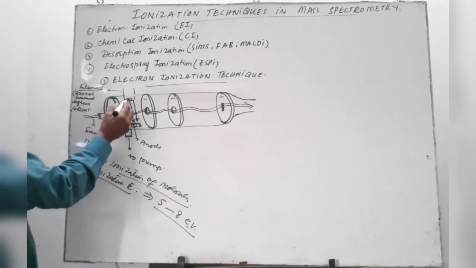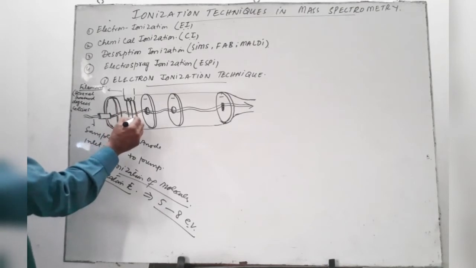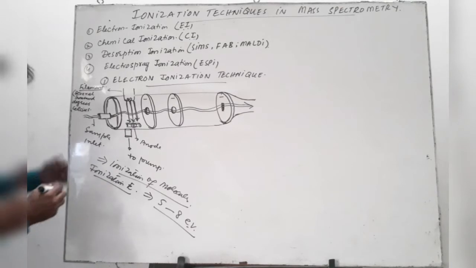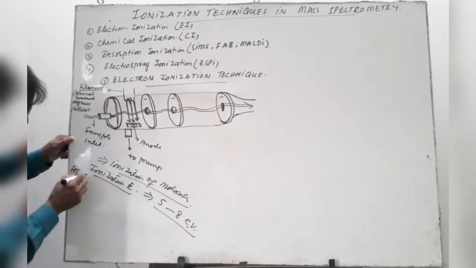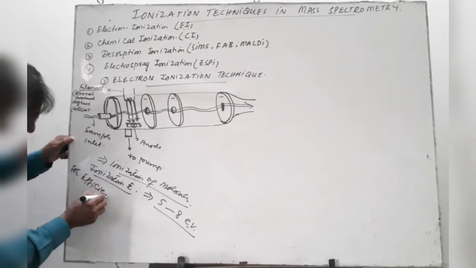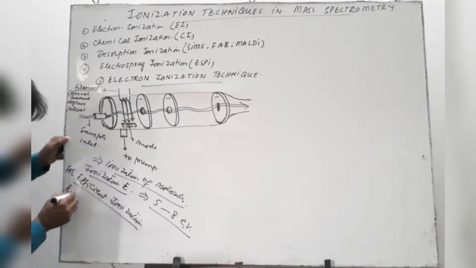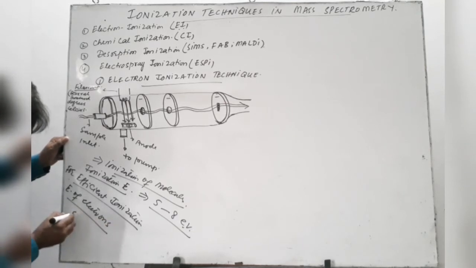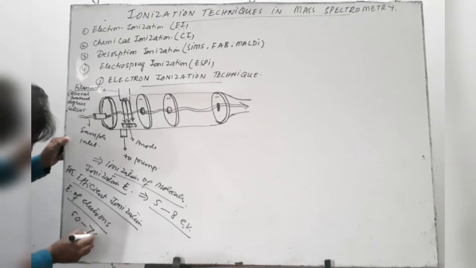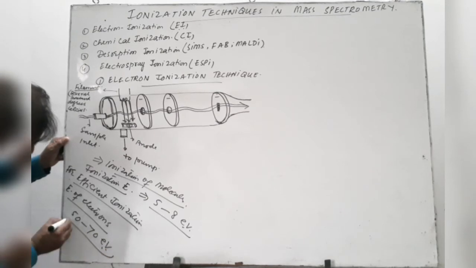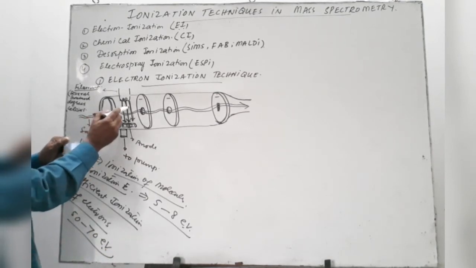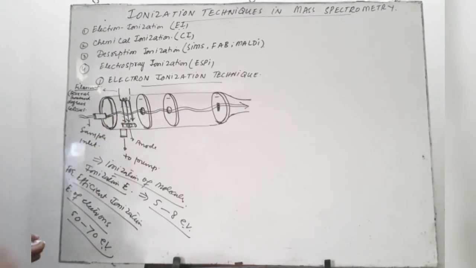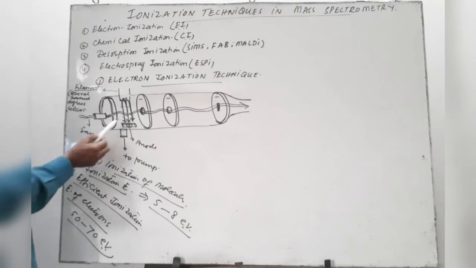If the electrons produced from the filament have less energy, they will not cause efficient ionization. For efficient ionization, the energy of the bombarding electrons must be from 50 to 70 electron volts.